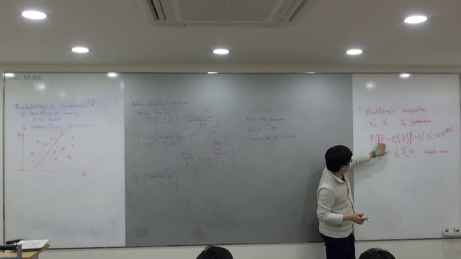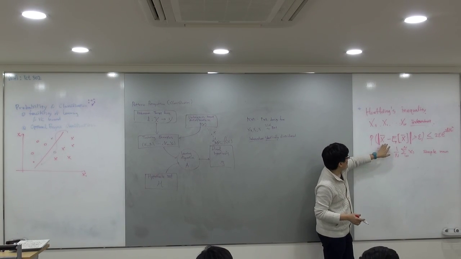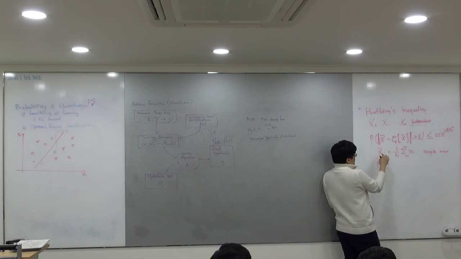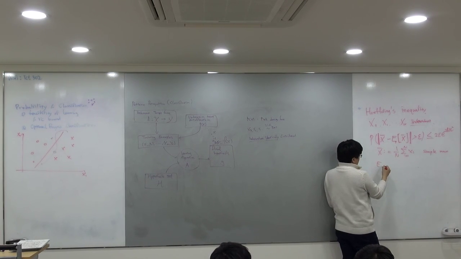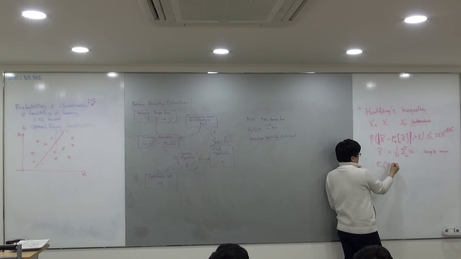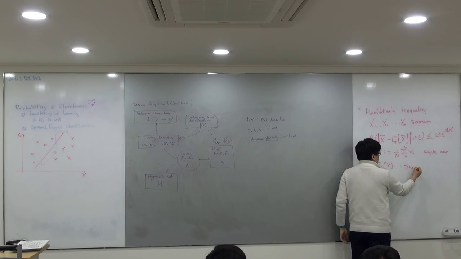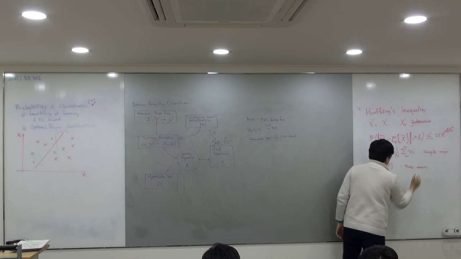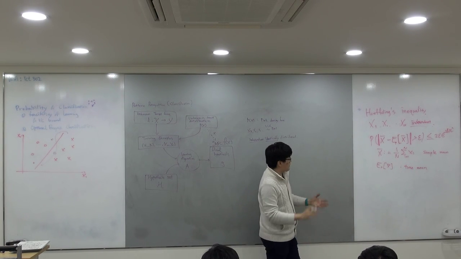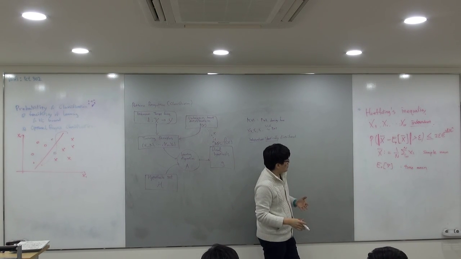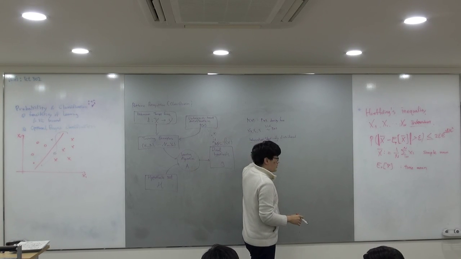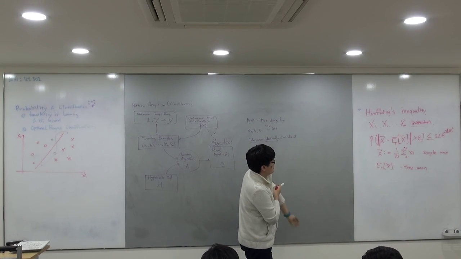So this means that you have x bar, which is the sample mean, and the expectation of x bar, you can think of this one as the true mean, which is the expectation of the unknown but fixed data generating distribution.